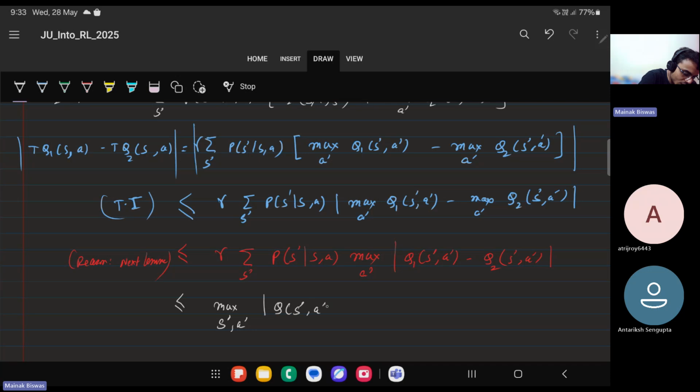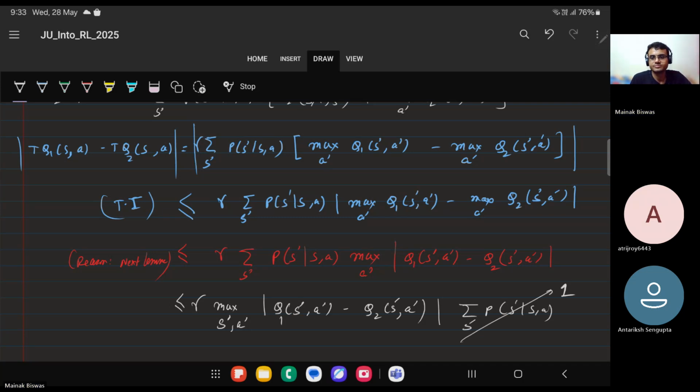So you can max out over S dash as well, and this will go out of the summation. And I will have gamma here. I will have a summation of P of S dash given S comma A over S dash, and this will go to 1. This is fine. Total probability.